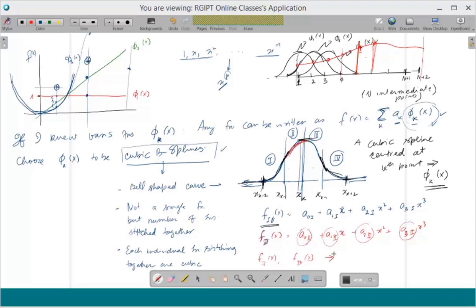And what you do is you impose a condition. Impose equality at boundaries. Impose the derivatives to be the same at the boundaries. So at this boundary, this boundary, this boundary, derivatives have to be the same.